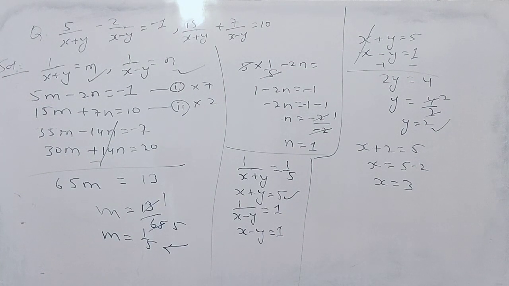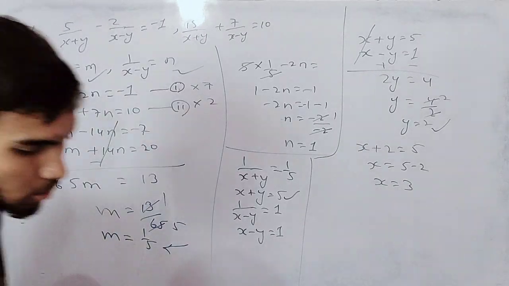This is the final answer. x came as 3, y will come 2. Yes, answer is correct. Next question.